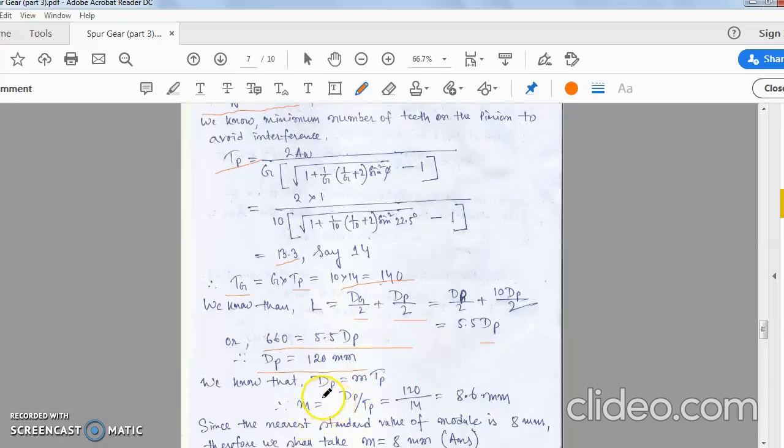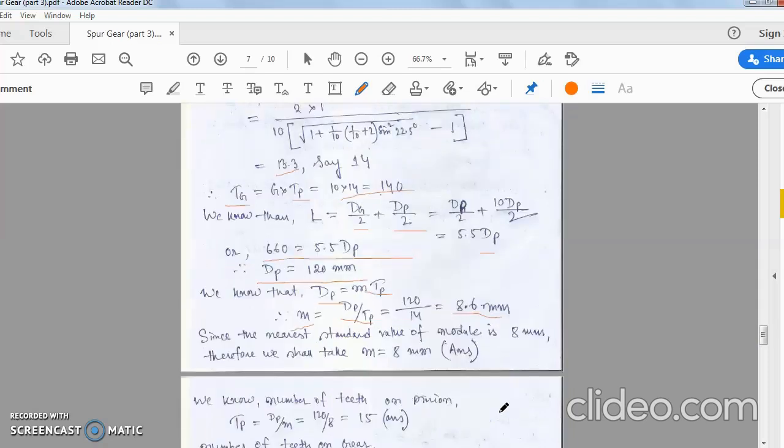So we know module equals D by T, that means dP by TP. So the module for the gear will be dP by TP. From this expression we will get the value of module. Now what is actually asked in the question is the nearest value of the standard module.